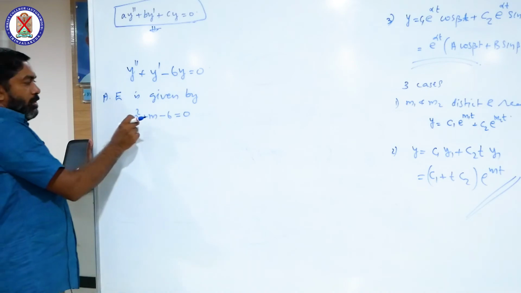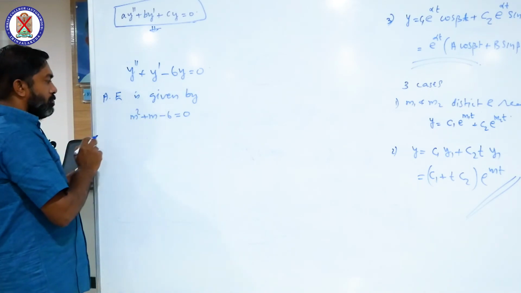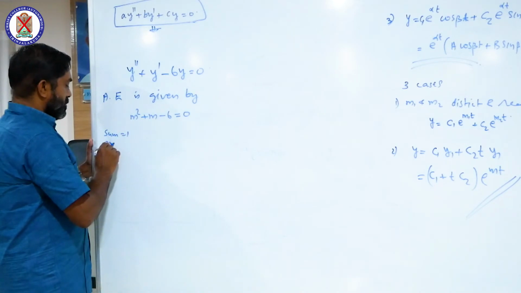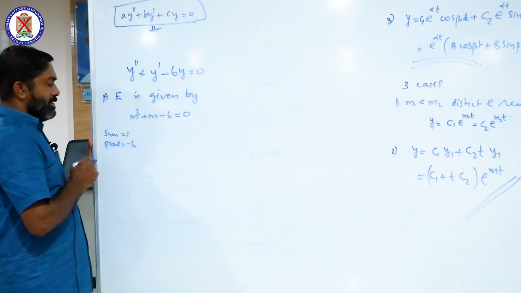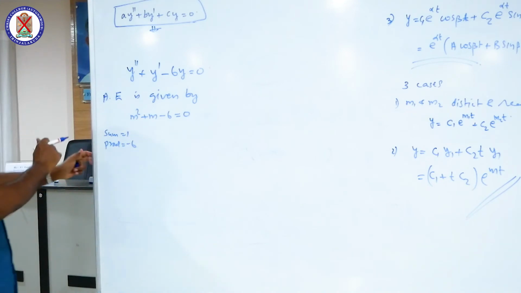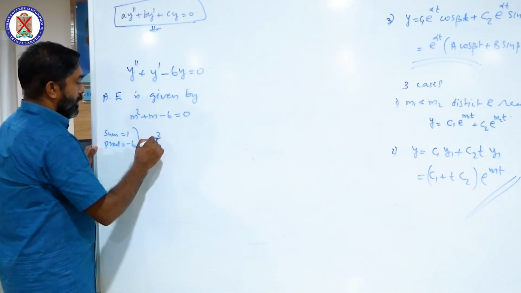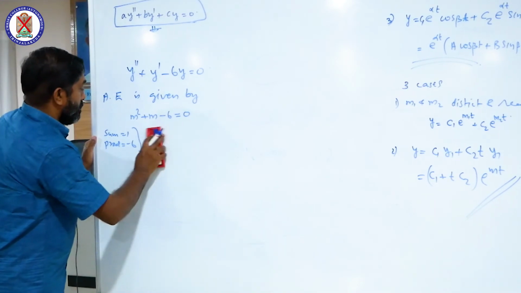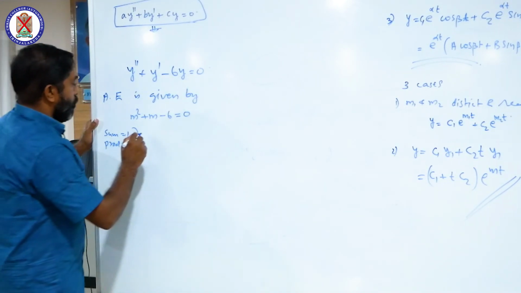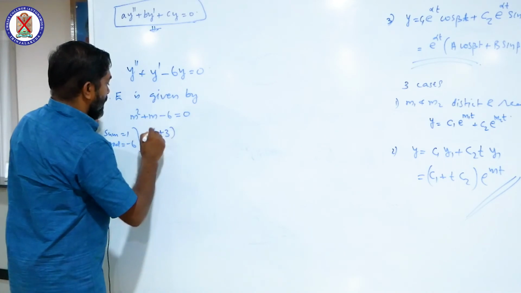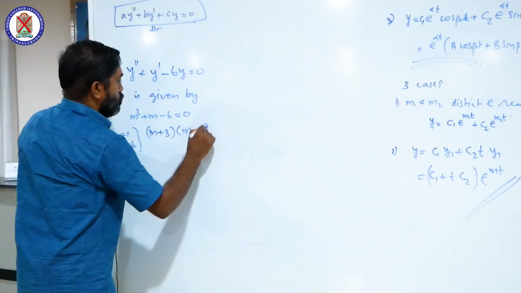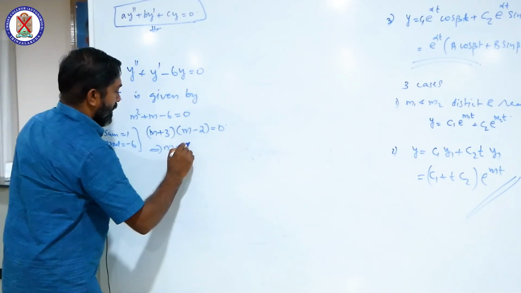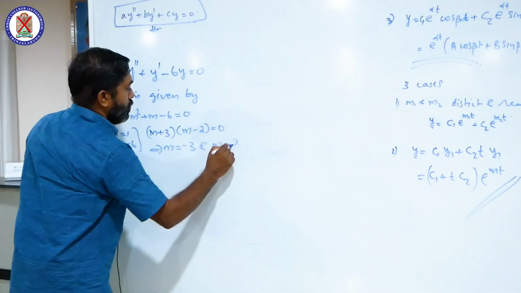Here, is it possible to determine two numbers so that the sum is 1 and the product is negative 6? It is possible to determine such two numbers, I think 3 and 2. So its factorization we can consider in the form m plus 3 into m minus 2 equal to 0. This means m equals minus 3 and m equals 2.